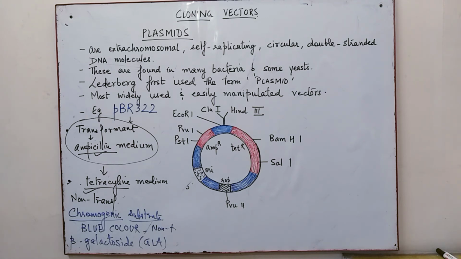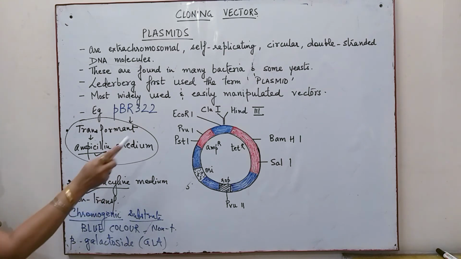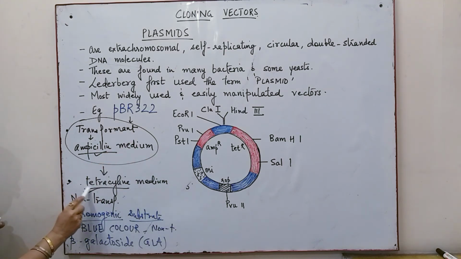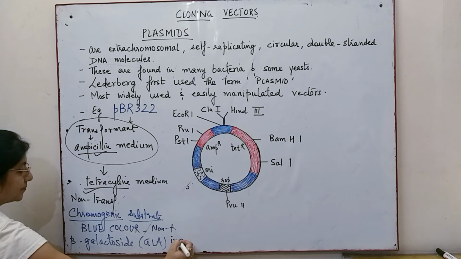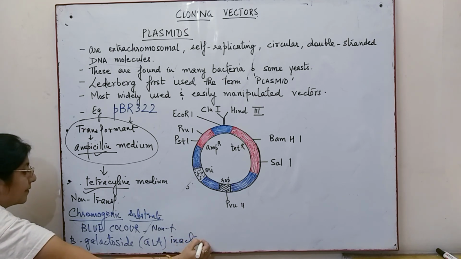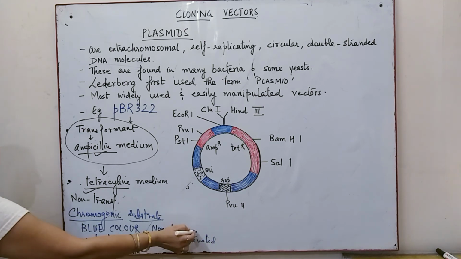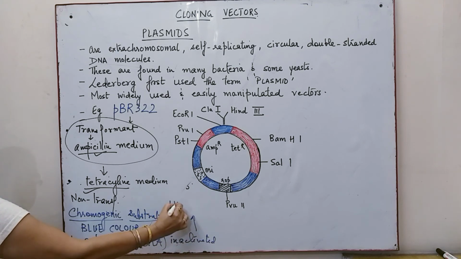So what happens is, when the transformants are there, the gene is inserted which will actually lose the tetracycline resistance. At the same time, it will inactivate beta galactosidase. So what happens? A white colony of bacteria is formed. It gets inactivated and white colonies are formed.